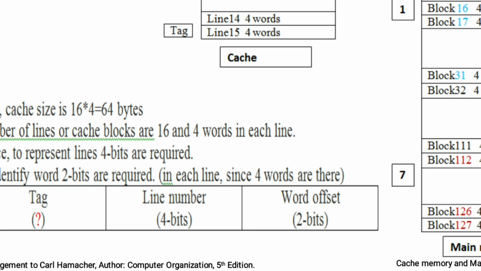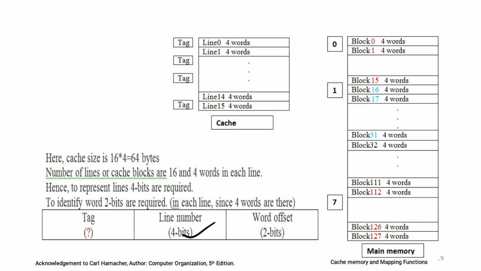So the line number is 4 bits, which can indicate the 16 lines in cache. In each line 4 words are there, so to indicate one among the 4 words, 2 bits are required.